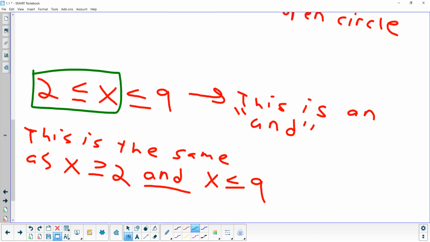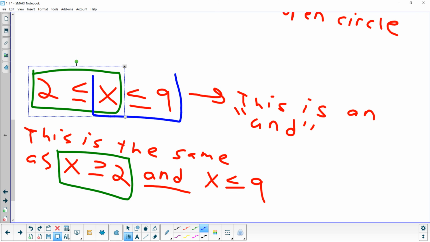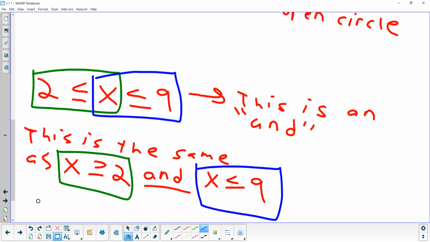There's 1. 2 is less than or equal to x. We talked about how to rewrite it. And x is less than or equal to 9. Those boxes in blue are exactly the same thing.